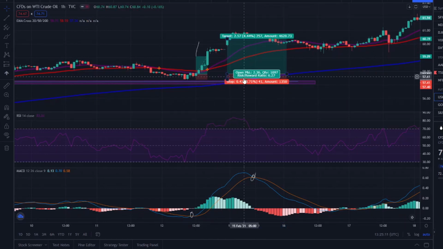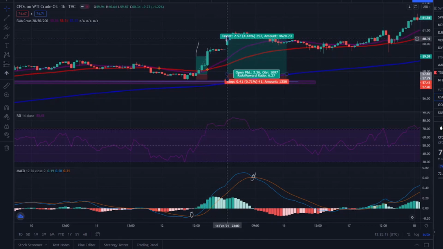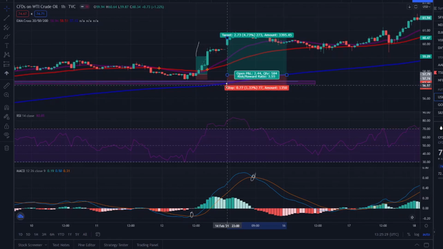So we have here a risk reward of 6.27. Now, of course, it depends on your entry exactly, on your exit exactly. Maybe if you're lucky, we can exit even at a higher level or get in at a little bit lower levels. But at the same time, you could put your stop loss below the support area here. So you would have a risk reward of 3 point.